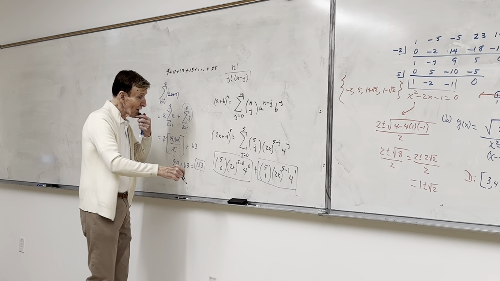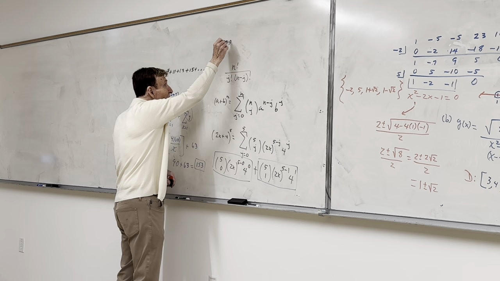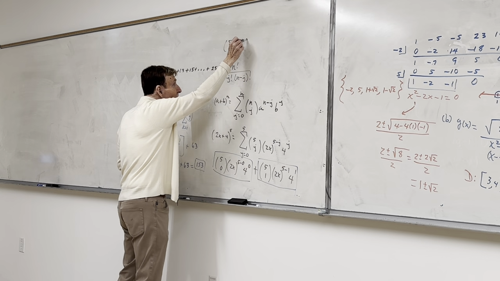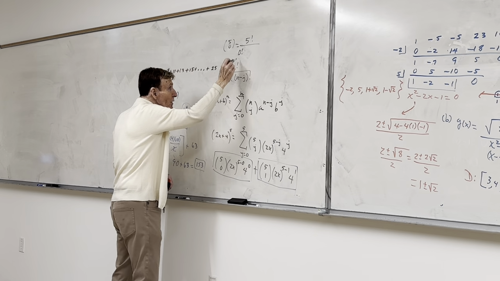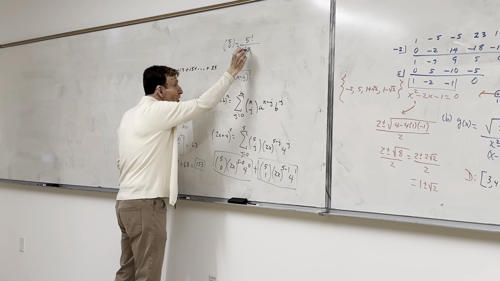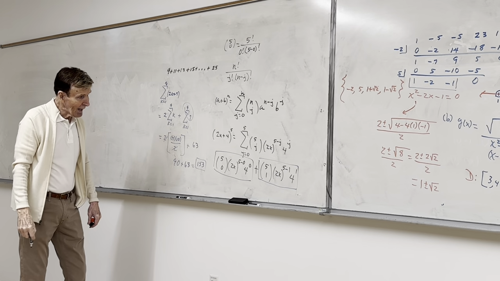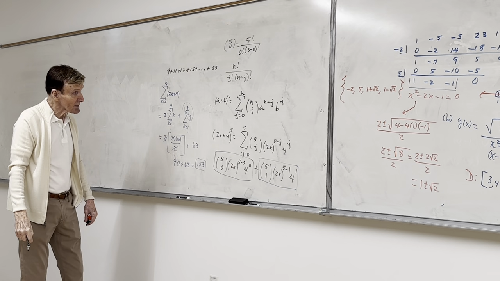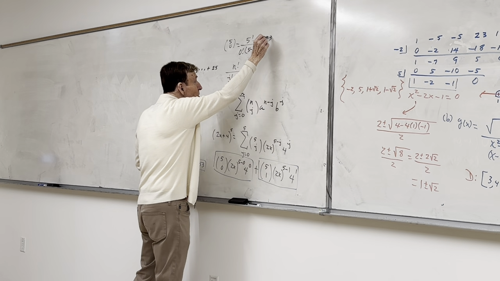Let's do it. Guys, 5 choose 0. If I use this formula, let me use it right here on the side. That would be 5 factorial over 0 factorial, 5 minus 0 factorial. I don't think it's going to be very exciting, but let's see what happens here. Actually, I end up with 5 factorial.